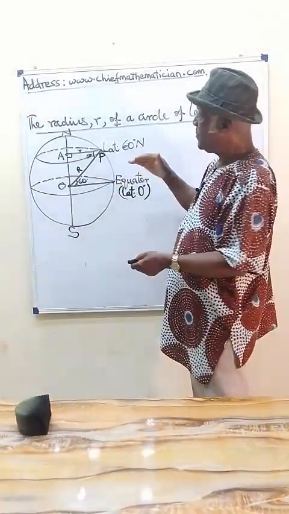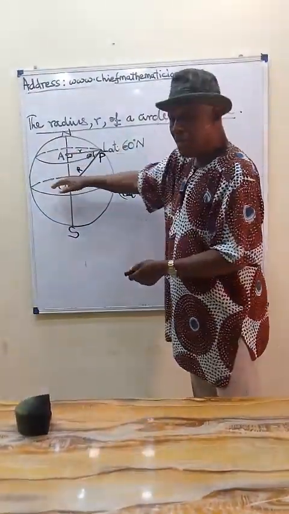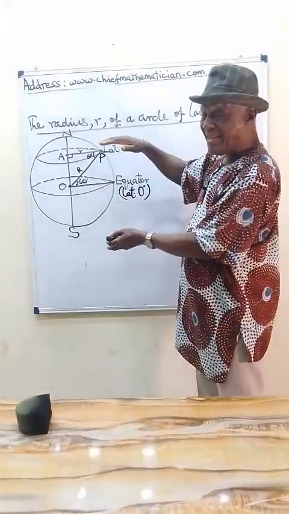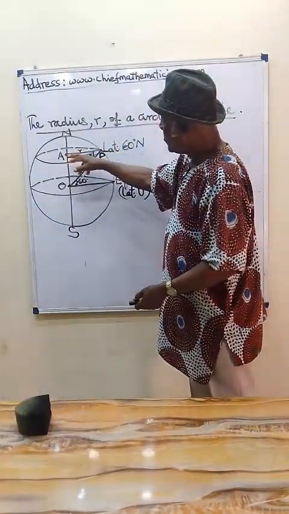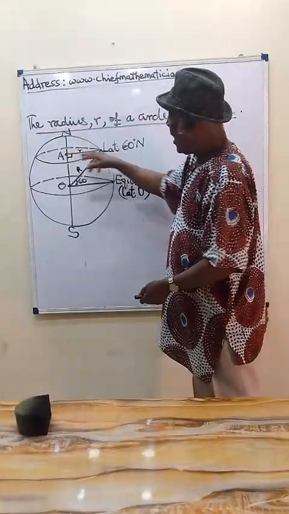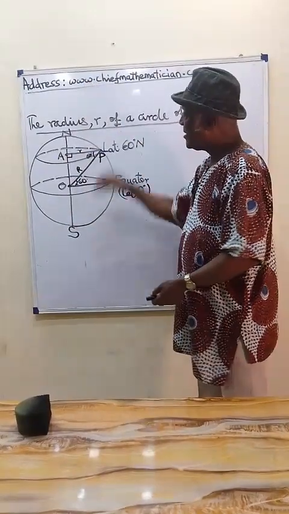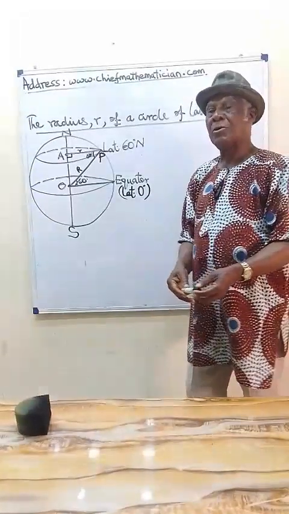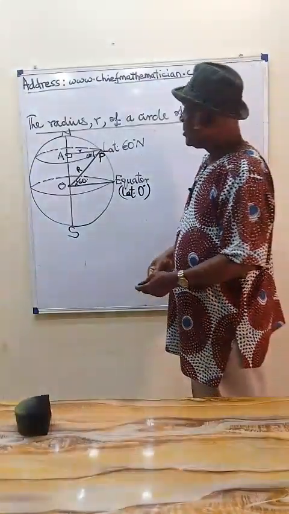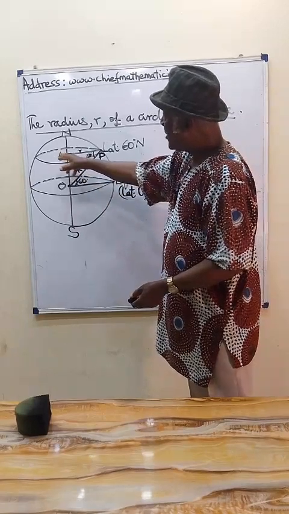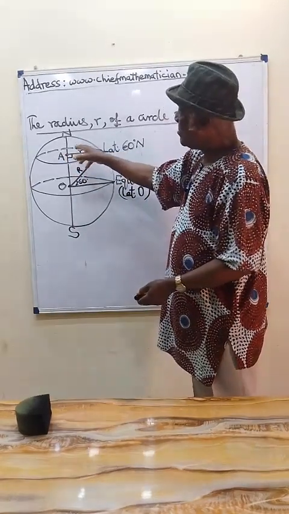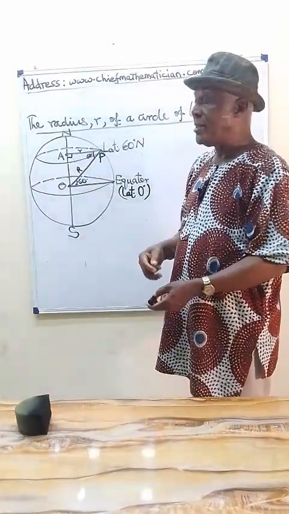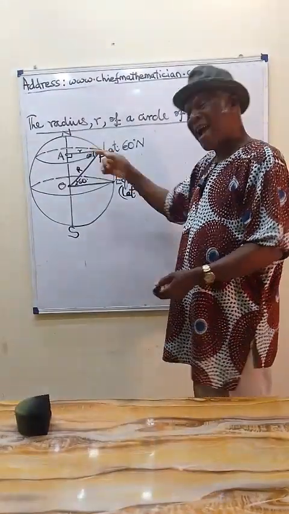By virtue of the plane of the equator and the plane of this latitude being parallel, this AP meets the polar axis at angle 90 degrees, making triangle APO a right angled triangle. Now, if we represent this radius AP with a small r, then we can obtain a formula to calculate that small r.